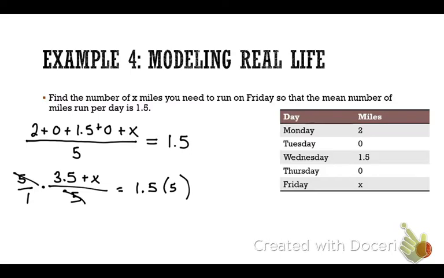I got my 3.5 plus x out of that fraction equals, what's 1.5 times 5? 7.5. All right, now it's a simple one step. What do I need to do to solve for x? Go ahead and do that.